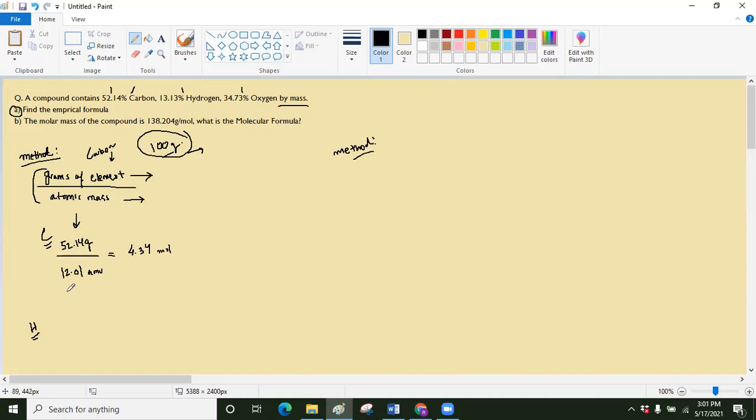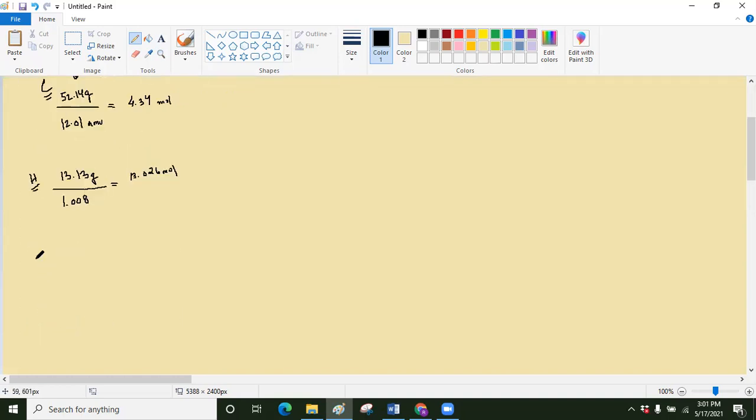If we do the same thing for hydrogen, hydrogen has 13.13 grams out of 100 grams, if we're assuming the scale is 100. And if you divide that by the atomic mass of hydrogen, which is 1.008, you would get 13.026 moles.